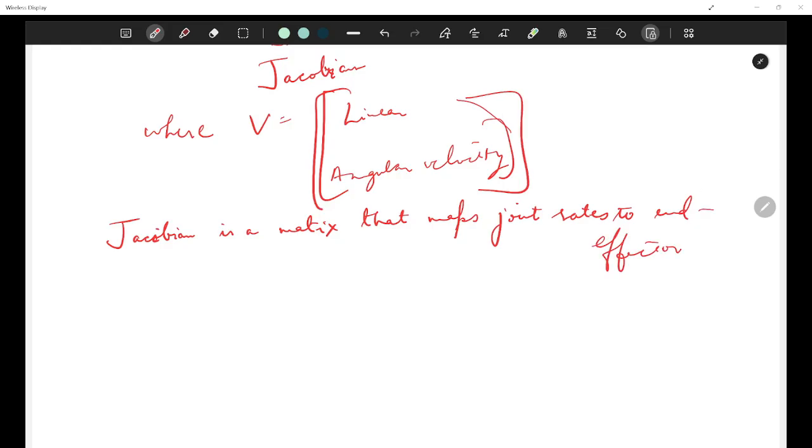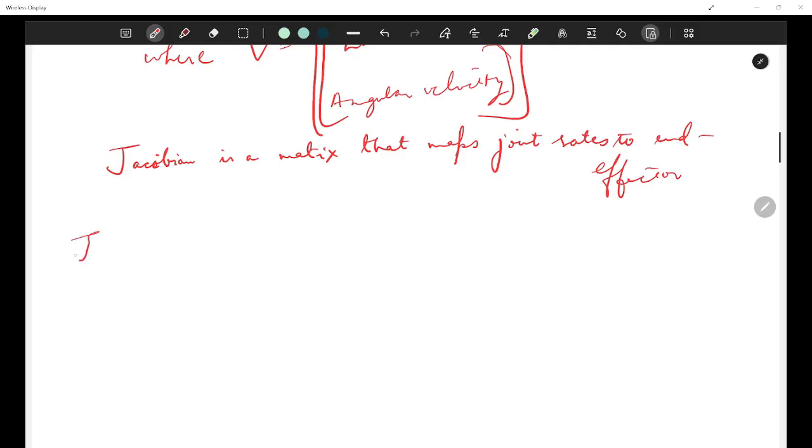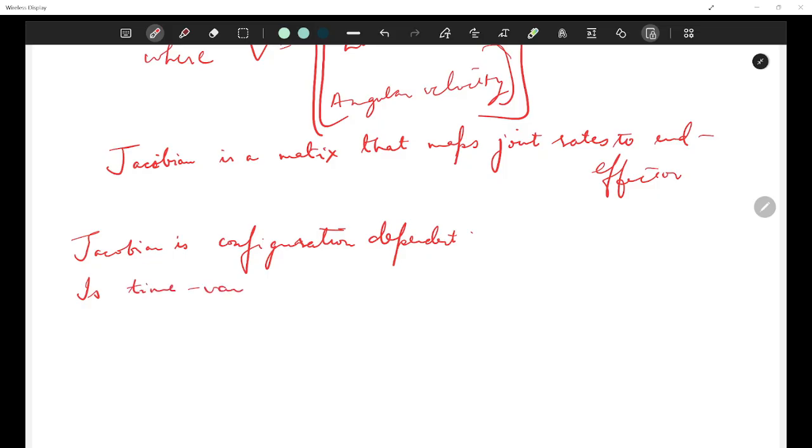Okay. So there are a few important points. The Jacobian is configuration dependent. It is time varying and it is not dimensionally homogeneous.